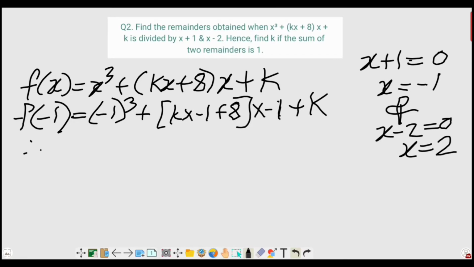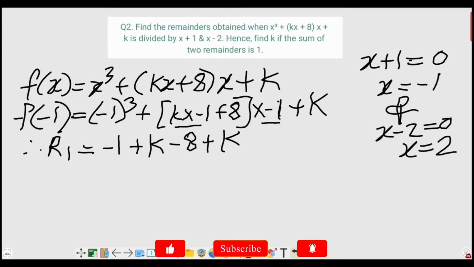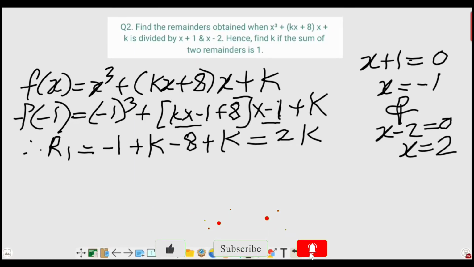This is your first remainder, so I'll consider it as R1. Minus 1, when you multiply with this, you will get plus k. And minus 1 into 8 will give you minus 8. Plus k will remain as it is. So your first remainder is 2k minus 9.